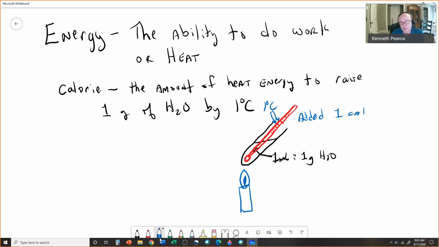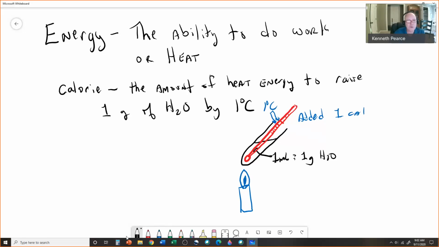If you go up 10 degrees with that 1 gram of water, then you added 10 calories. And if you have more water, it takes more calories to heat it up by however much you want to heat it up by. Okay, so that's a calorie. That's the amount of heat energy to raise 1 gram of water by 1 degree Celsius.